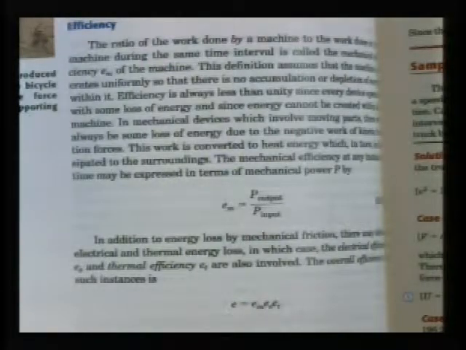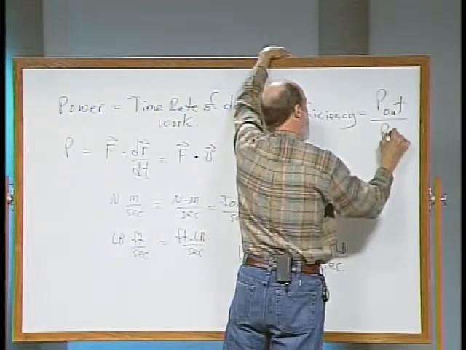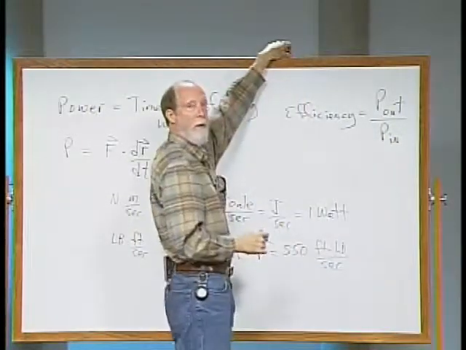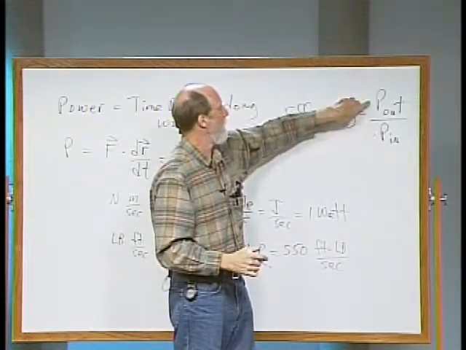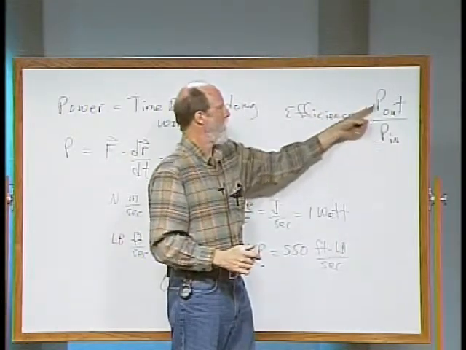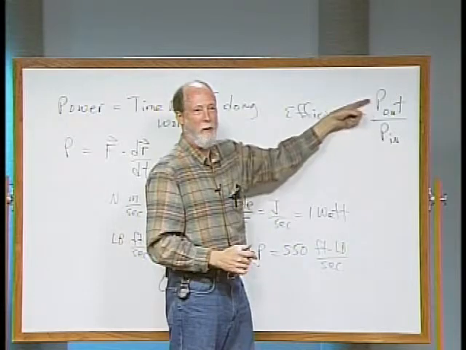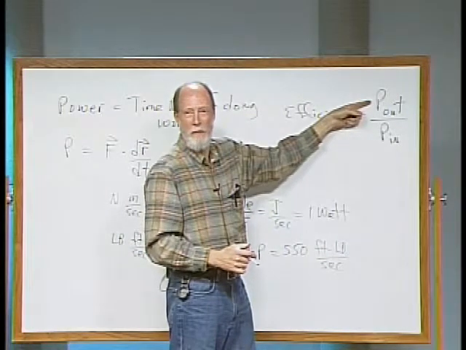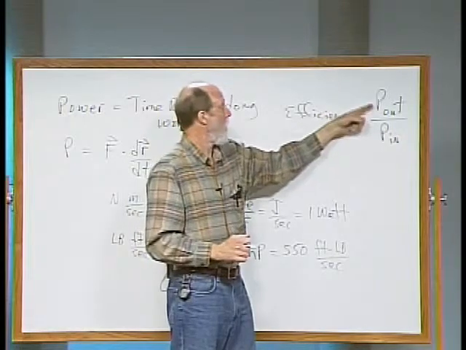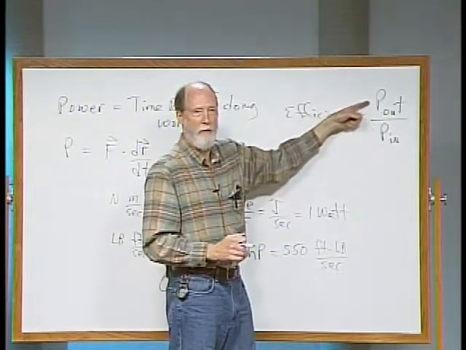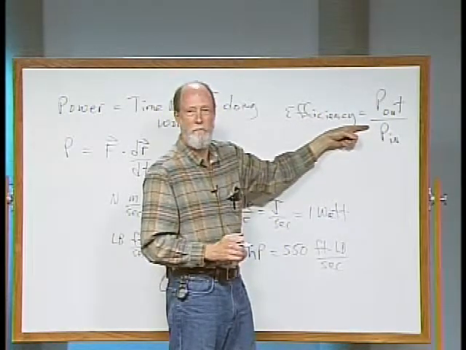Power out divided by power in. Now, in an idealized situation, which would be 100% efficient, the power in would equal the power out. But nothing is 100% efficient. So you're always going to get a percentage reading coming out of this, something less than 1.